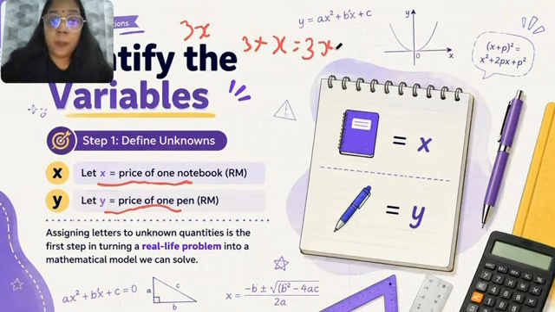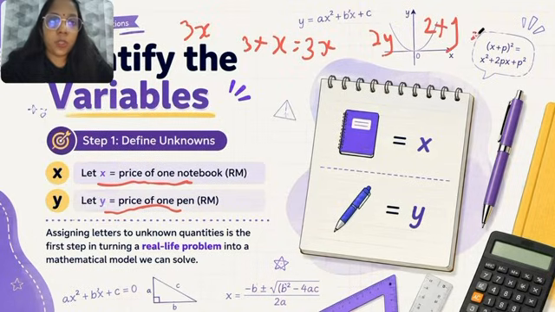Now, if one pen costs y ringgit, what will two pens cost? Correct, it's 2y, because 2 times y equals 2y.